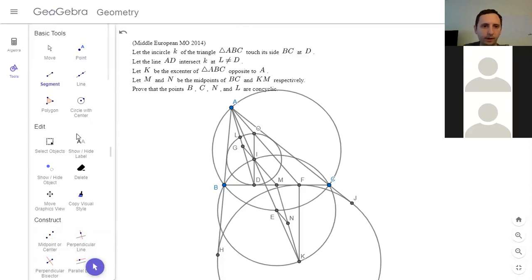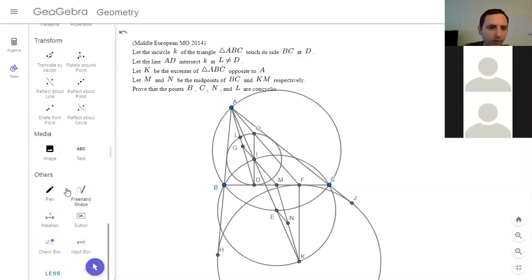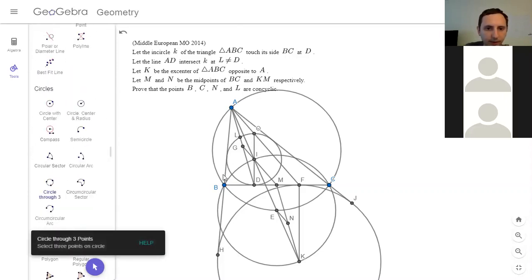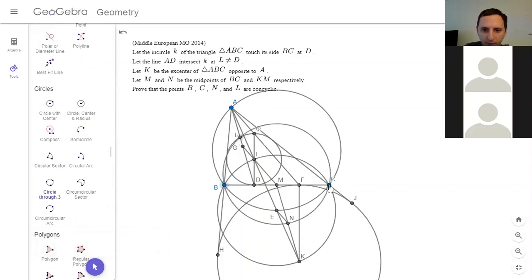Let me see if I can find another point on that circle. So I have the circle through B, N, C, and L that we're trying to prove. Is there another point on this that I can use?